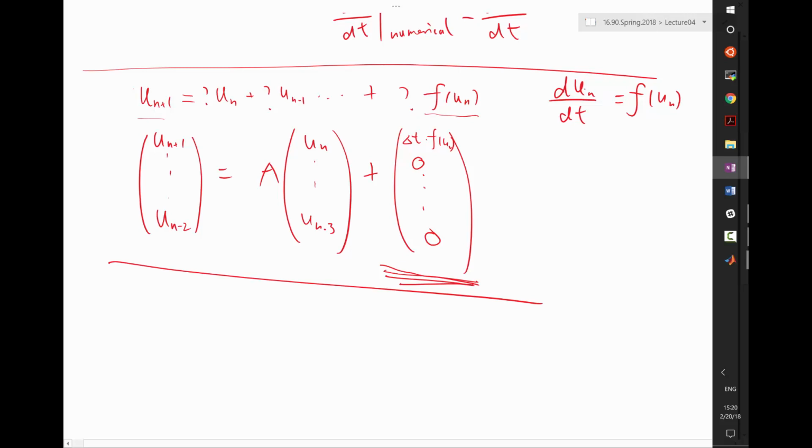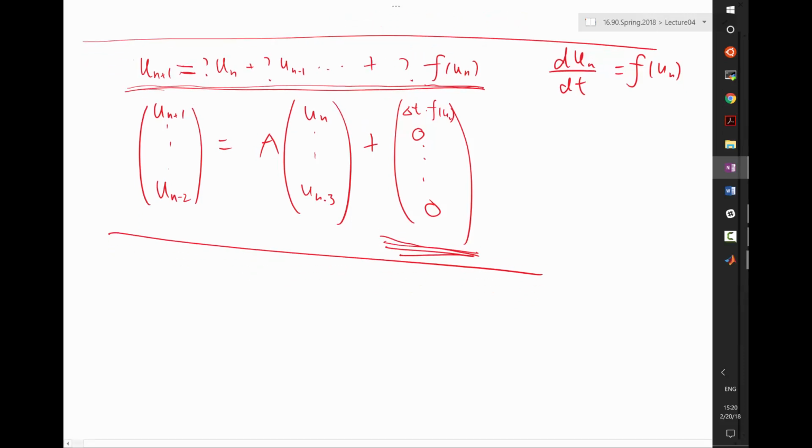So if you replace the u in the equation with the analytical u, I'm no longer having an equal sign. I'm having an approximately equal sign.